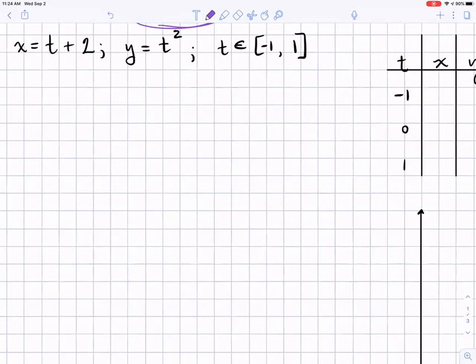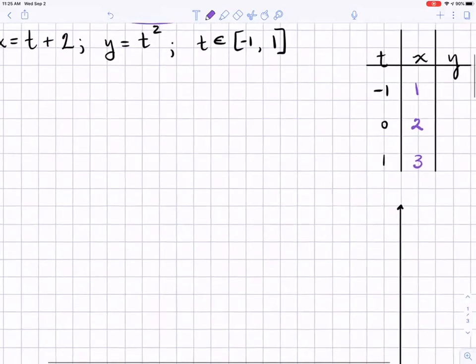All right, so now that I know t, let's go find our x values and let's go find our y values. If you plug in a -1 for t into your x equation, what do you have? 1. If you plug in a 0 for t on the x equation, you get 2. And then if you plug in a 1, you get 3. Okay, it's not rocket science.